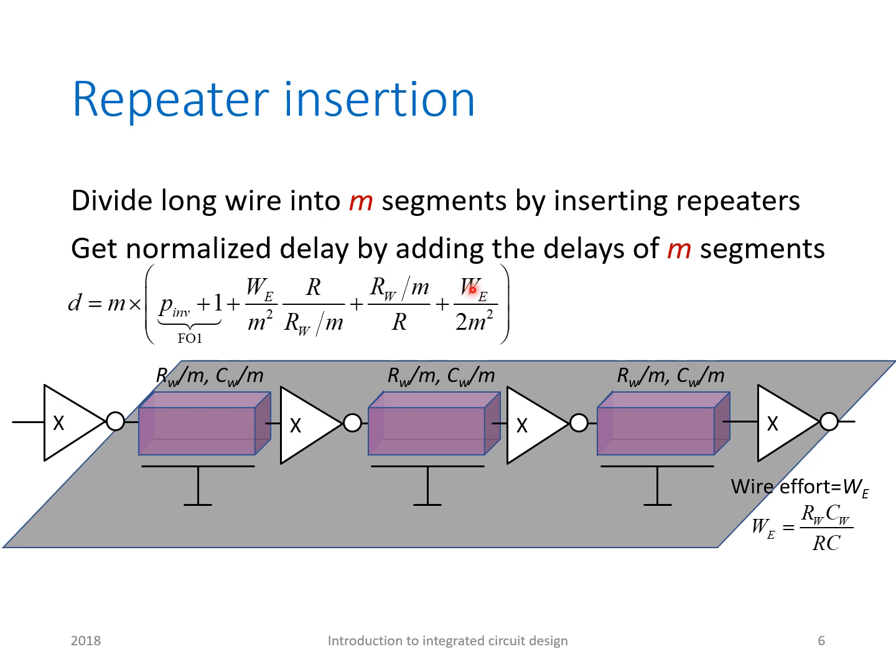The wire effort is the original one divided by M squared, which also appears twice. From this, we can take the derivative with respect to M and find the optimal number of segments given by this expression, the square root of the wire effort divided by 2, assuming a parasitic inverter delay equal to 1.